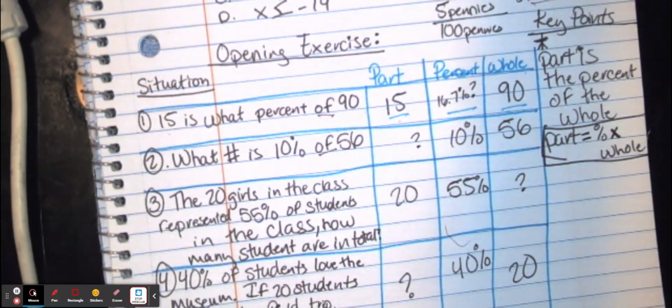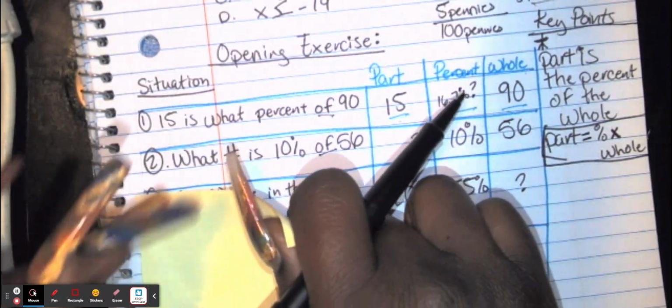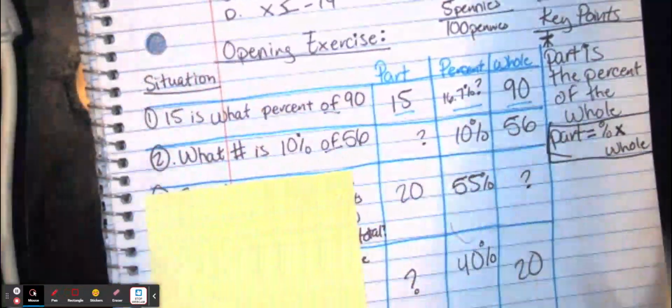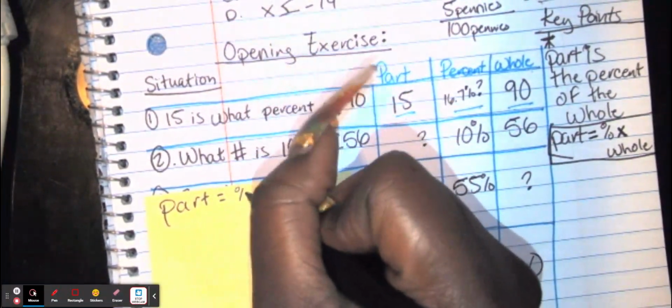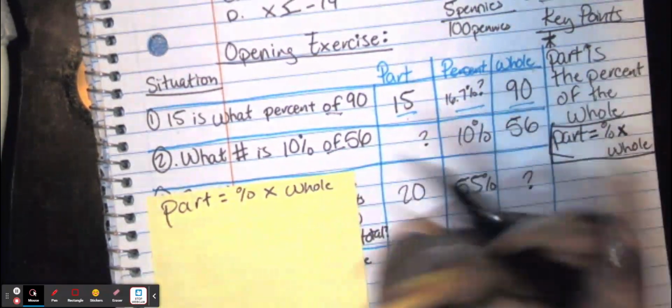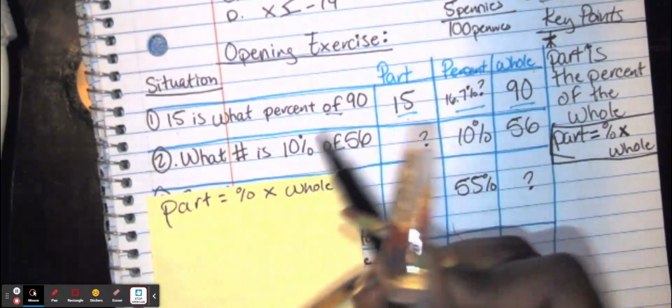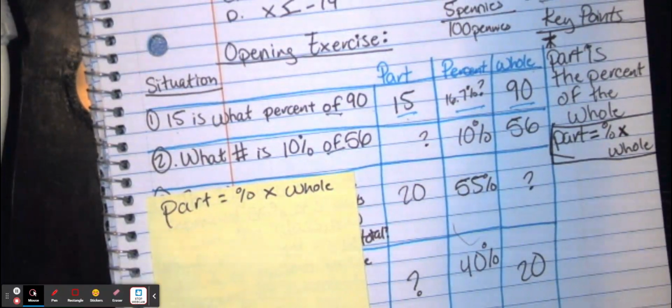If I come over here, I say, what number is 10% of 56? So here, boom. Part, excuse my dog in the background, equals percent times whole. Of course, I know that I have 10% of 56. Now, here's the thing about decimals and percentages.